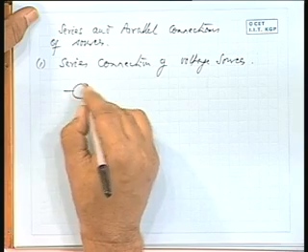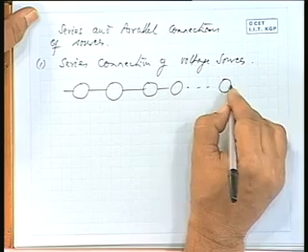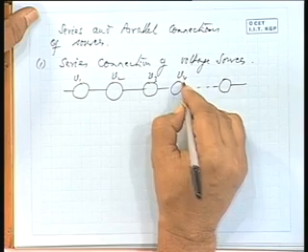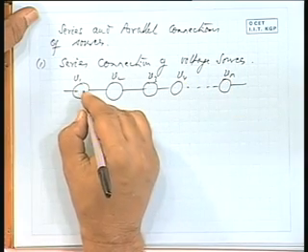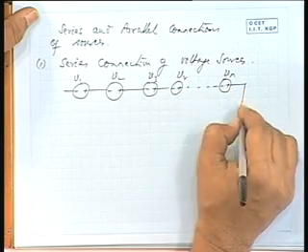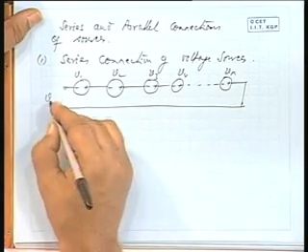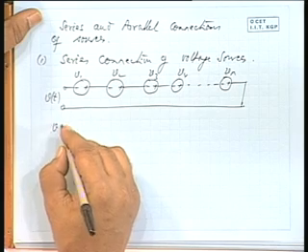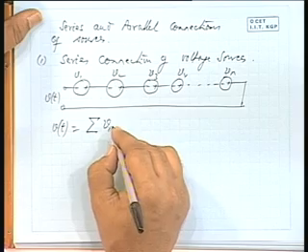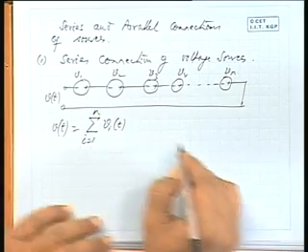You can have V1, V2, V3, V4 up to Vn connected in the same sense. So, this is Vt. Therefore, Vt will be summation of all these voltages Vit, I varying from 1 to n.